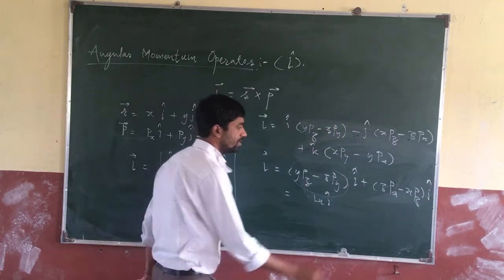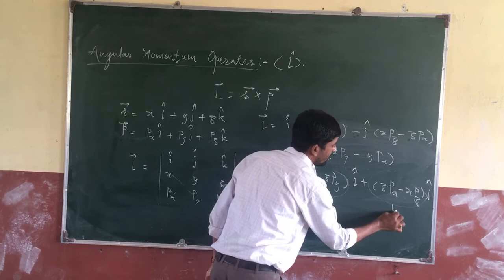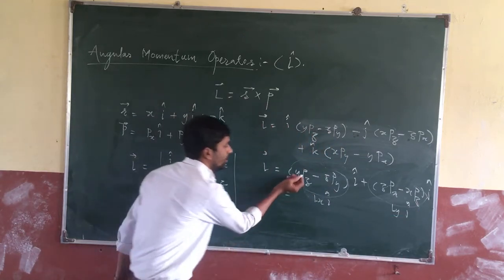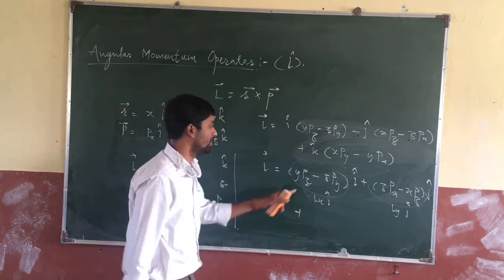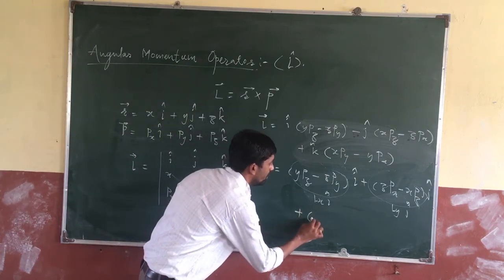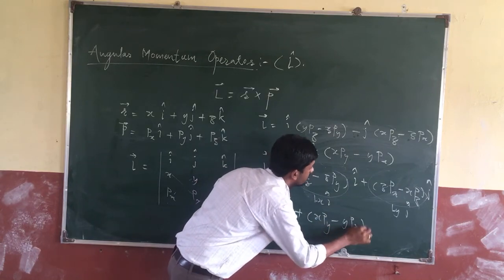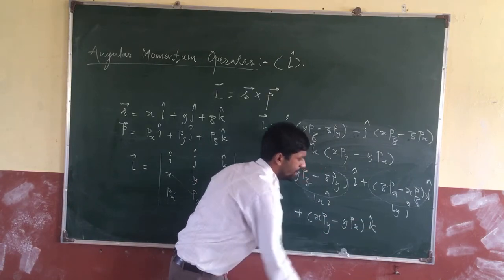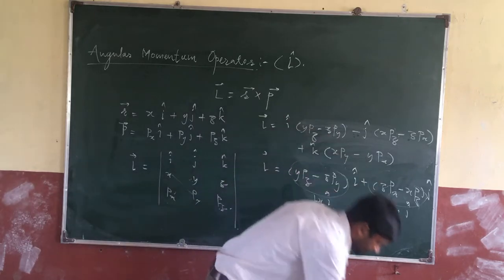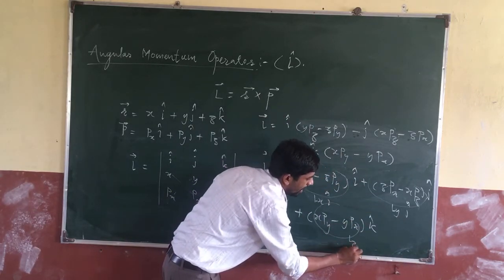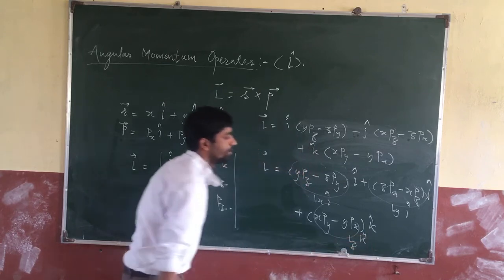Plus the next term, (x py minus y px) times k cap, and this term acts as Lz times k cap.